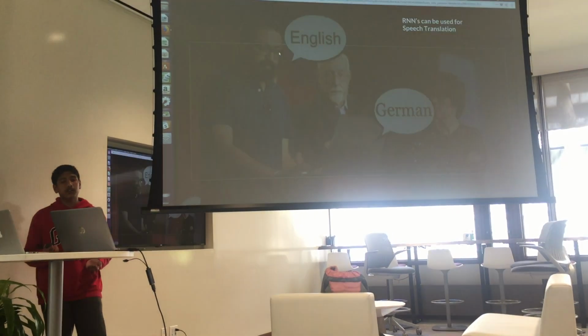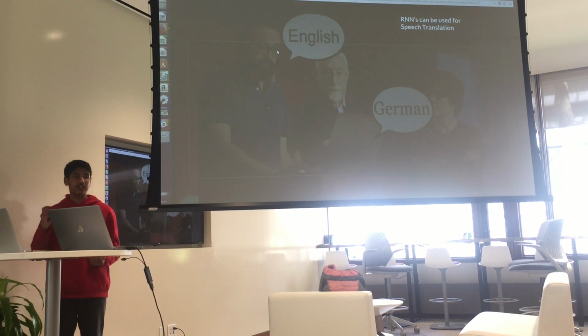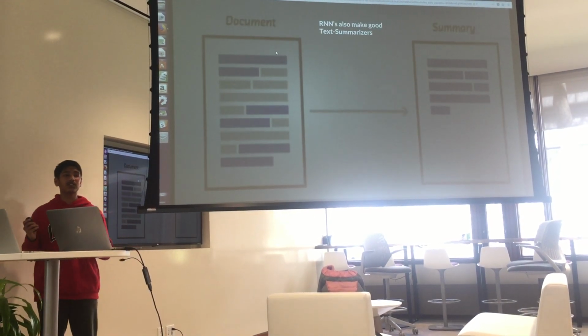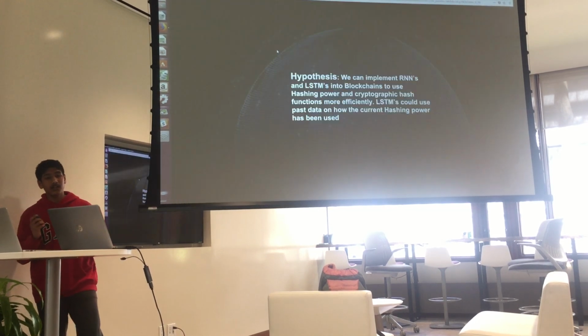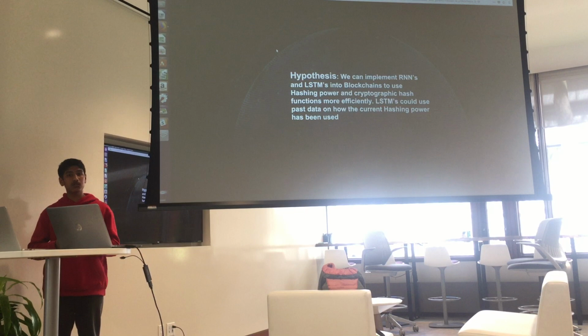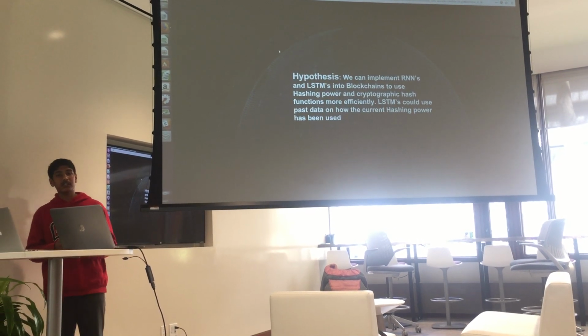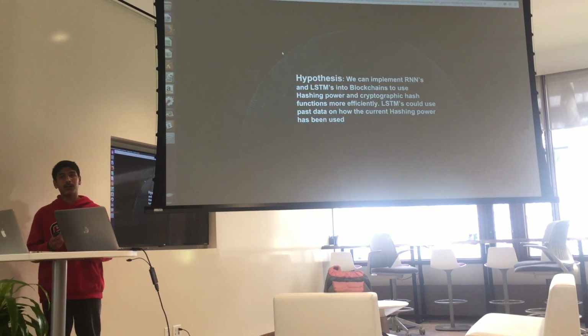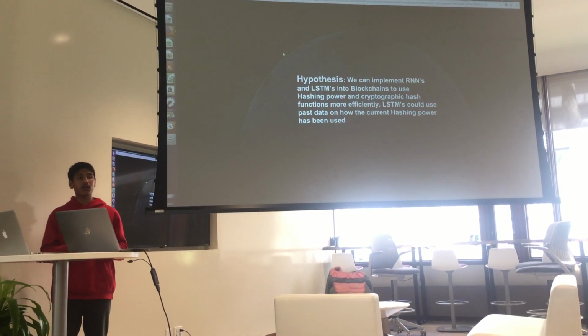So LSTMs and RNNs can be used for speech translation, log analysis, and text summarizers. But personally, I'm interested in integrating recurrent neural networks and long short-term memory networks into a blockchain, so then it can figure out where hashing power and hashing functions can be used more effectively.